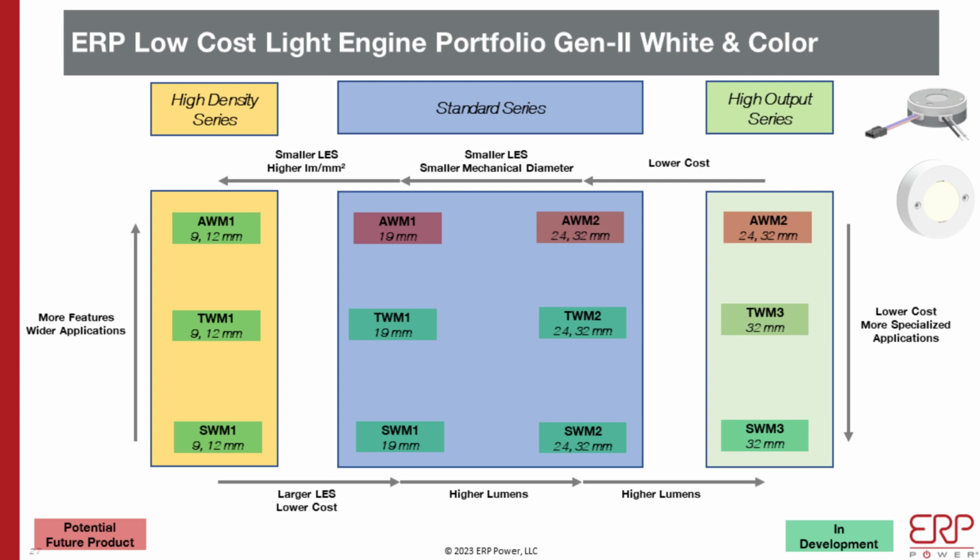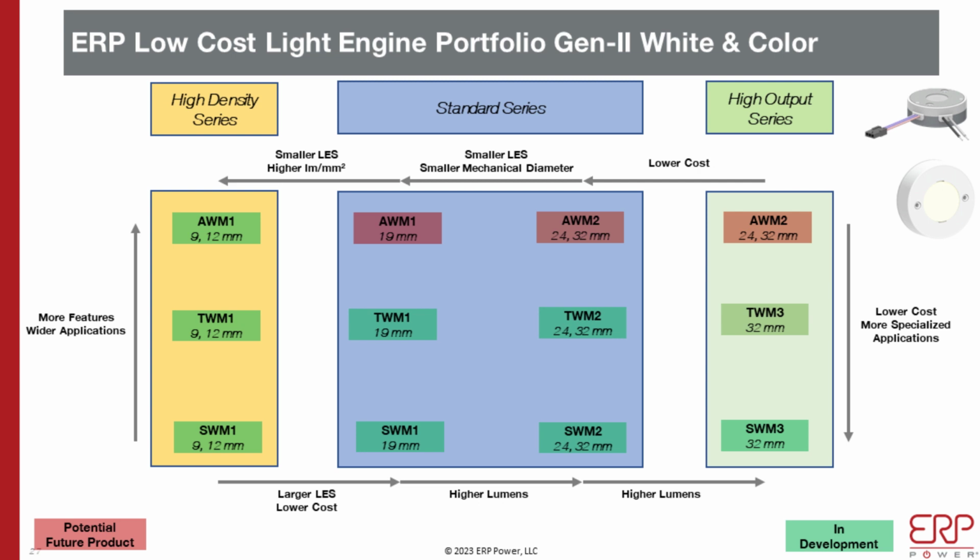Now going to the left is moving towards tighter beam angle applications. Essentially, we provide the same 3 series, TWM1, SWM1, and AWM1, in 9 and 12 millimeter. We produce very tight beam angles, and we call them the high density series, meaning essentially higher lumen per millimeter of LES.